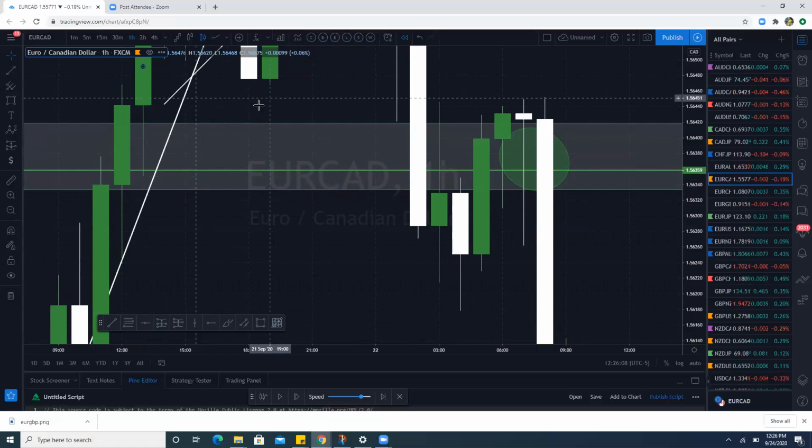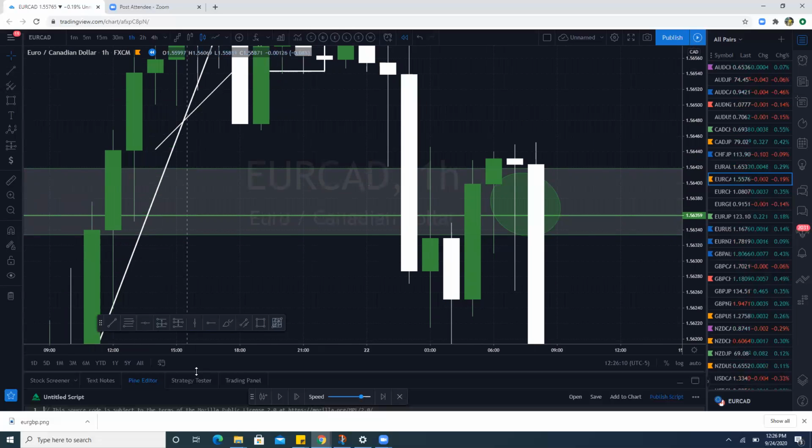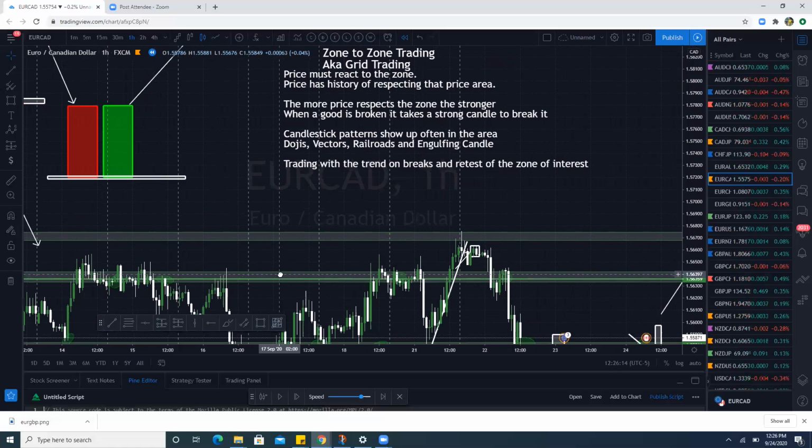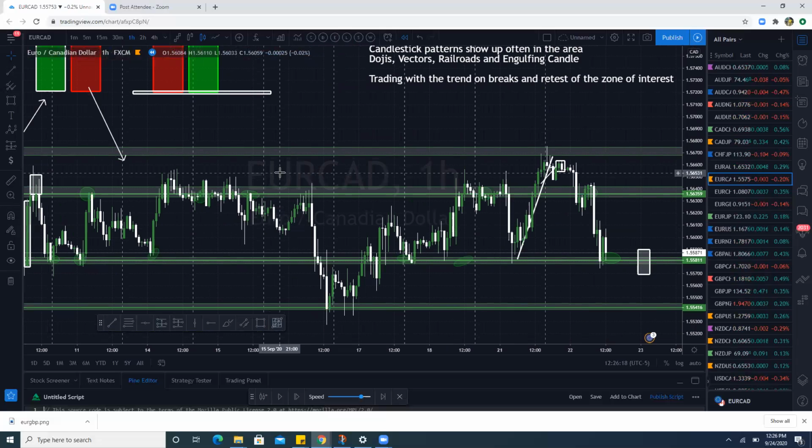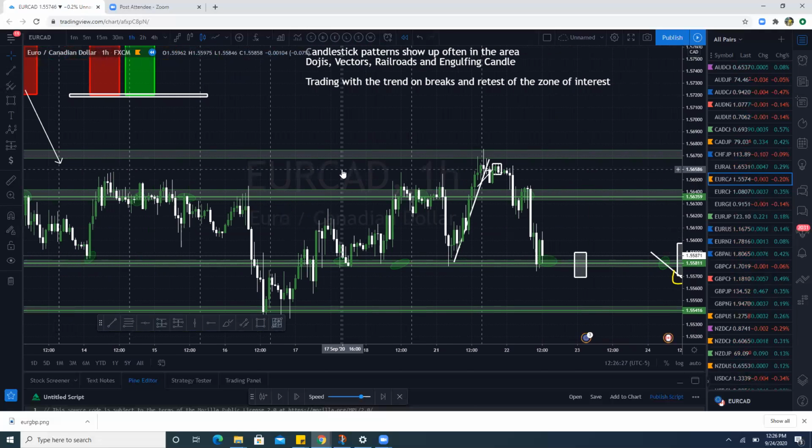And then what was the last one that I put up? The last one was, of course, the engulfing candle. So like engulfing candles, you would want to see from past history. You want to be able to anticipate engulfing candles when you're actually trading.